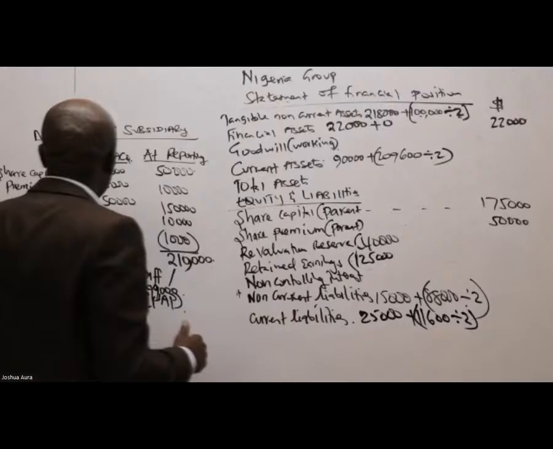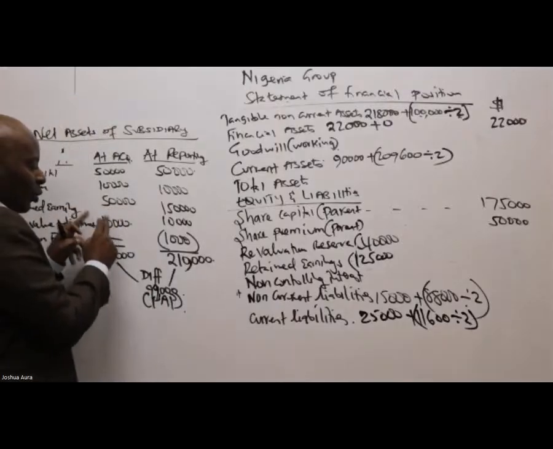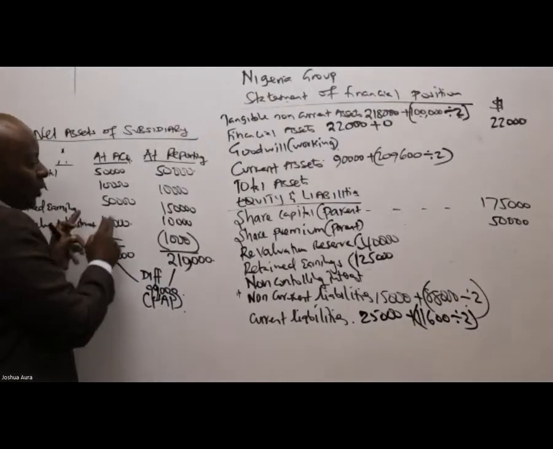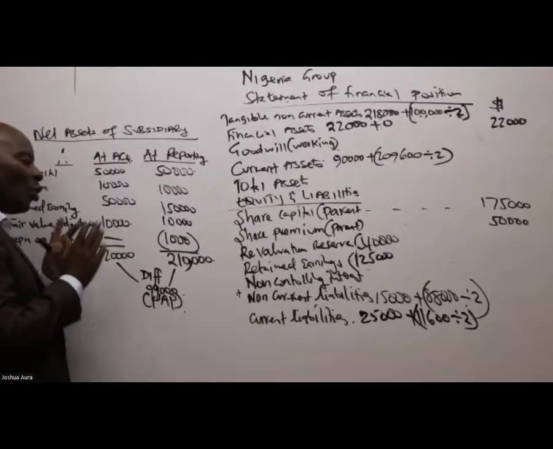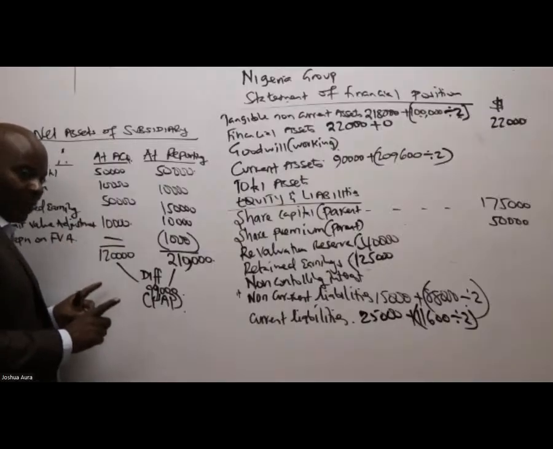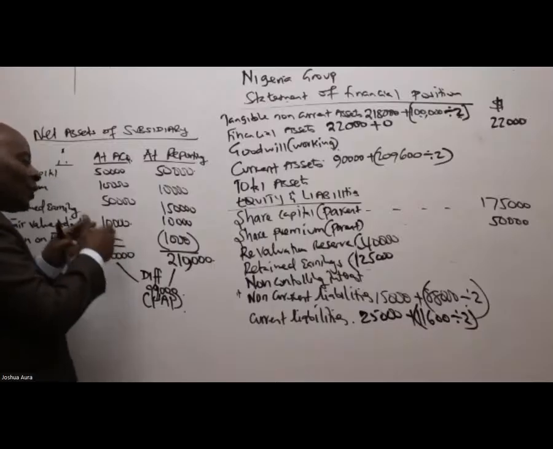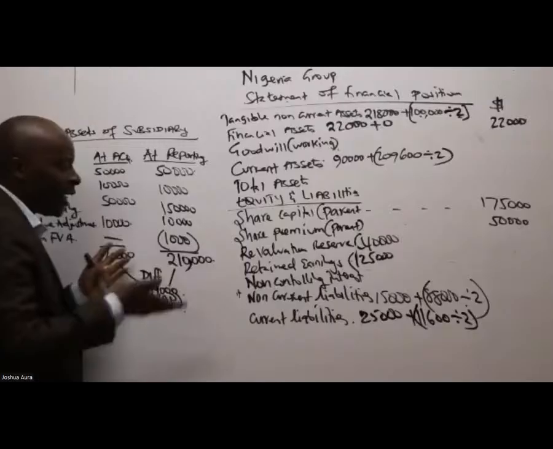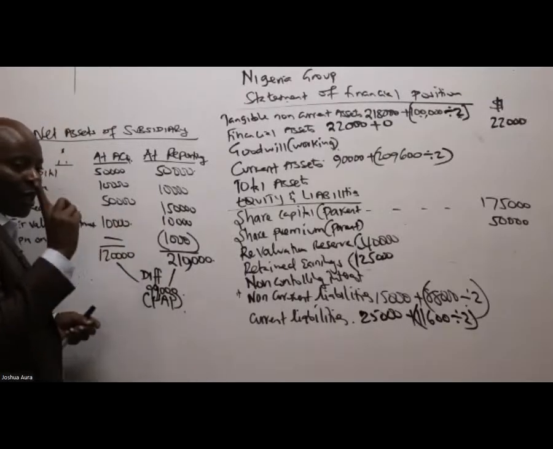The fair value adjustment of our assets here is a positive 10,000. So you'll have positive 10,000 at acquisition, and the same figure is replicated where? Here. Then after you do that, this fair value adjustment has to be depreciated, of which they have told us that the remaining useful life of the asset after the revaluation is 10 years. So 10,000 divided by 10 gave us 1,000.